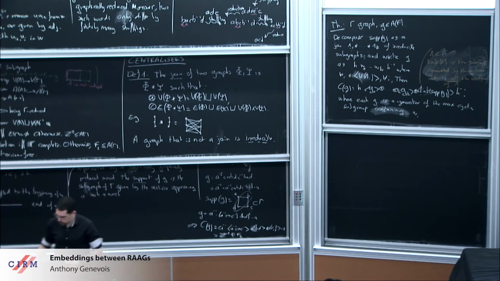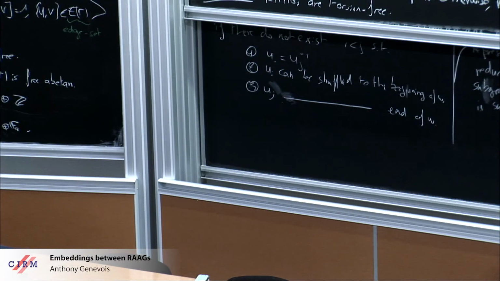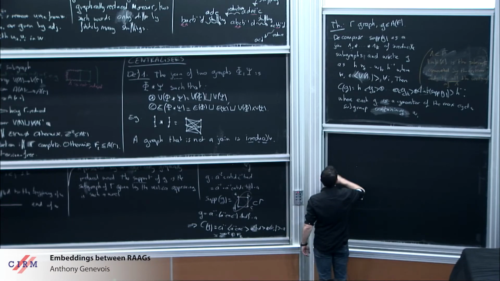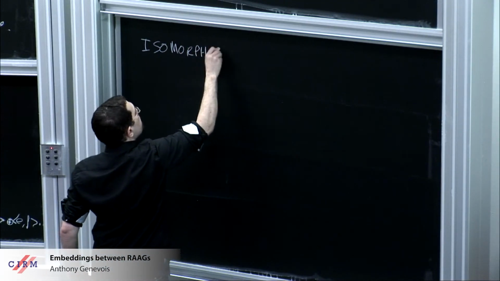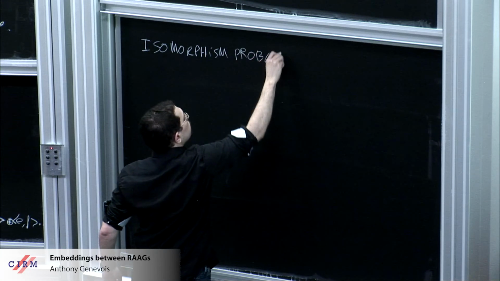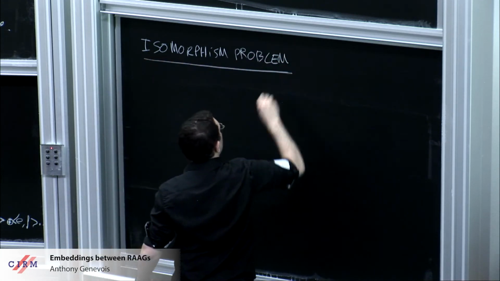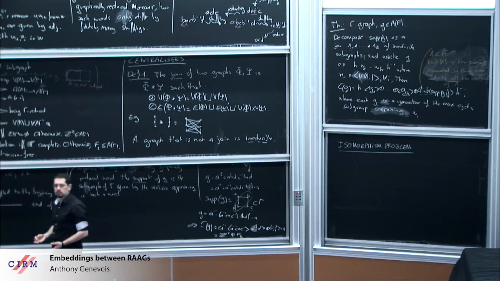So far we have a solution to the word problem and the centralizer problem. And of course there is one very natural problem, the isomorphism problem, which is a basic question, but most of the time it's incredibly difficult.